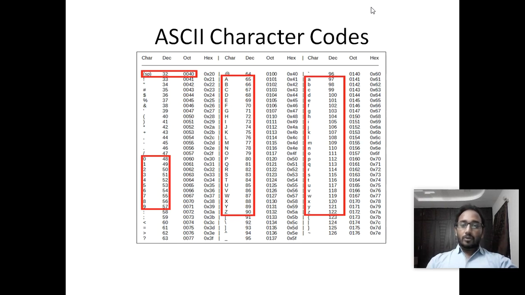If you want to convert lowercase to uppercase, you just subtract 32. Suppose it is 98 minus 32, you will get 66, that will be uppercase B. In that way, we can convert the string characters between uppercase and lowercase.